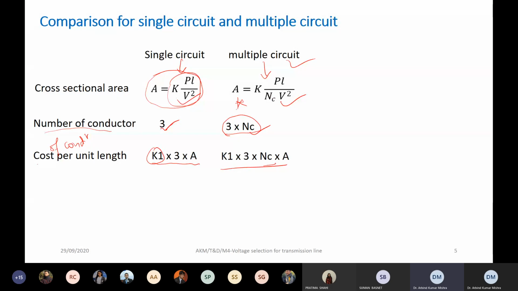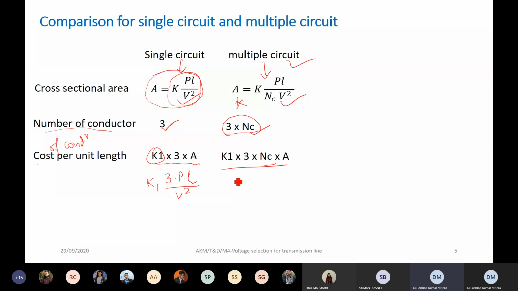Here, very interesting, if you do this, what we will find is K1 times 3 into PL by V square for single circuit.